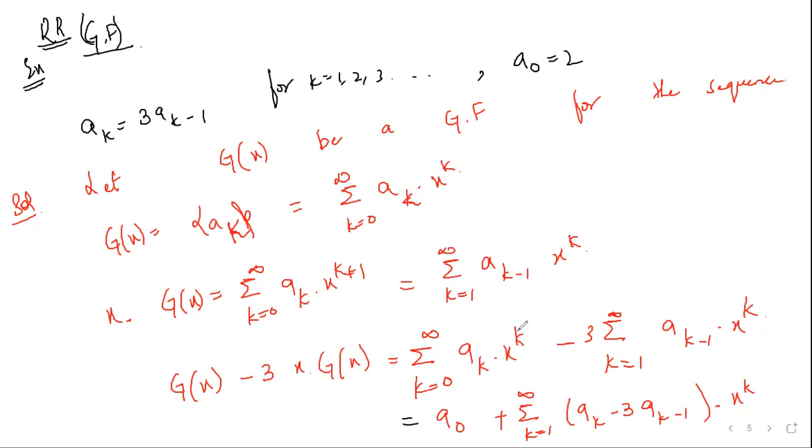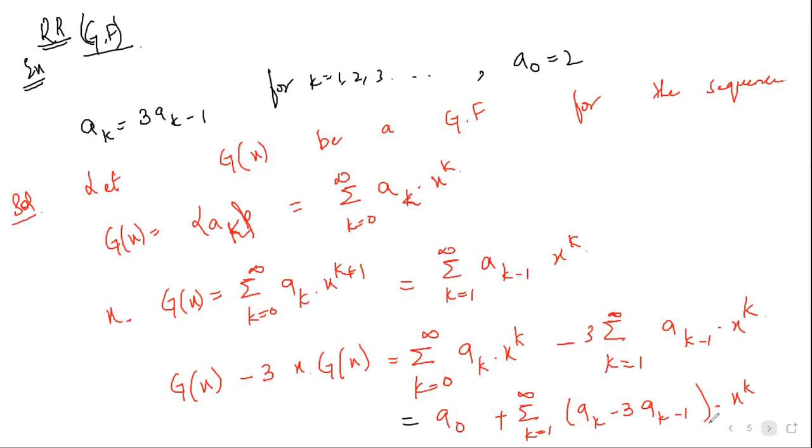Now once I take x power k common, in this I will have ak, and over here I will have minus 3ak minus 1. Also we have been given the value of a naught, which is 2. Now because a naught is 2 and ak is equal to 3ak minus 1, let me just write, a naught value is 2 and here ak is equal to 3ak minus 1. So this value will be equal to 0.